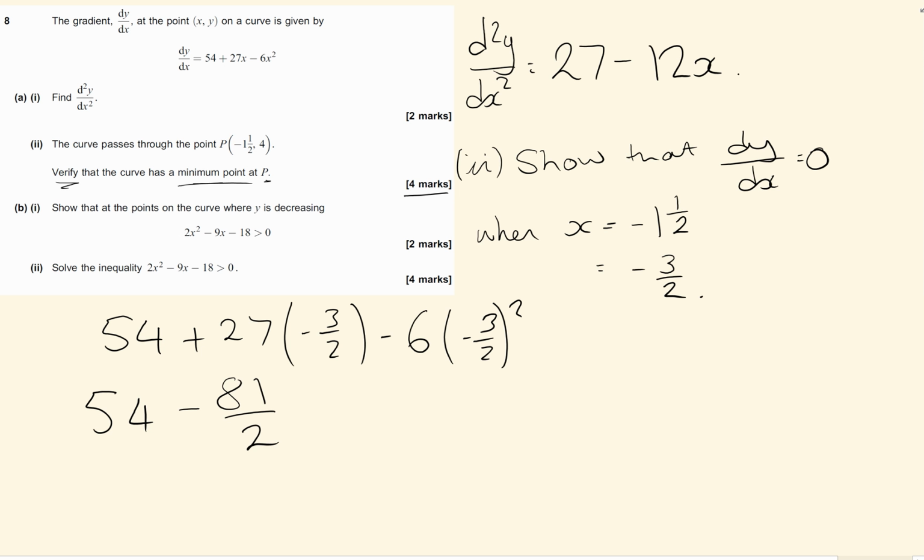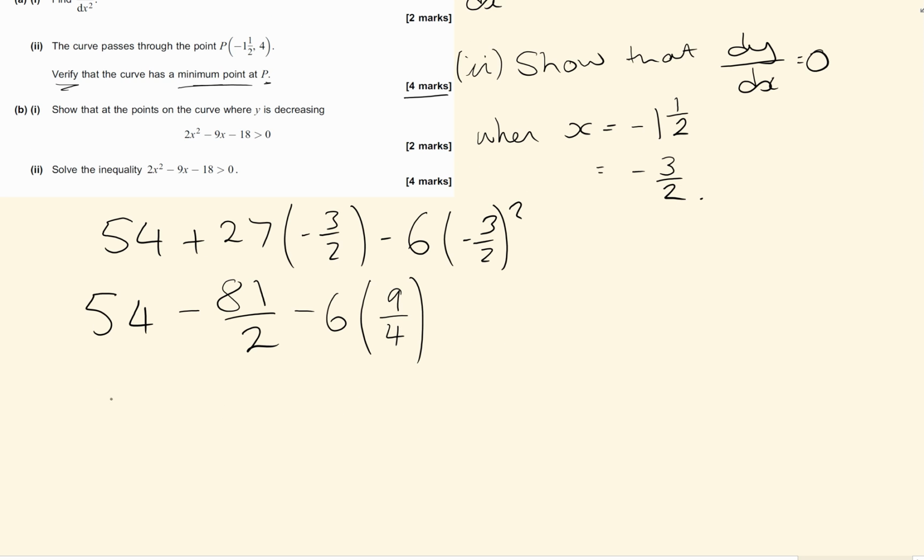So I'm just multiplying by 27 over 1. Minus, and the 6, I'm going to take a little bit more time over this. If I'm squaring 1.5, it's going to become a positive 9 over 4. Okay, so 54 minus 81 over 2, 6 times 9 over 4 is going to be 54.